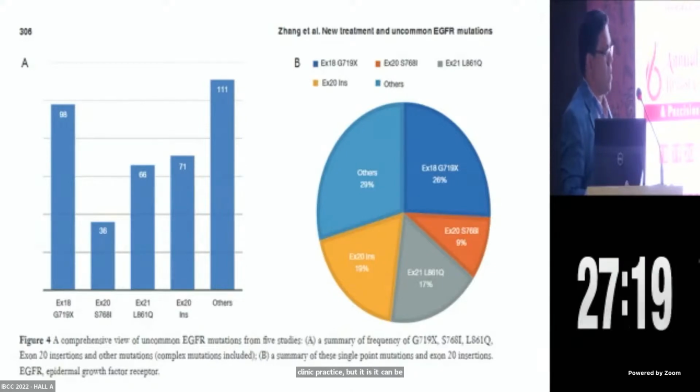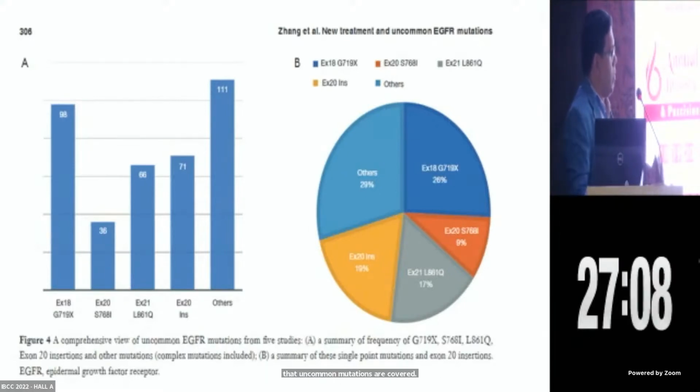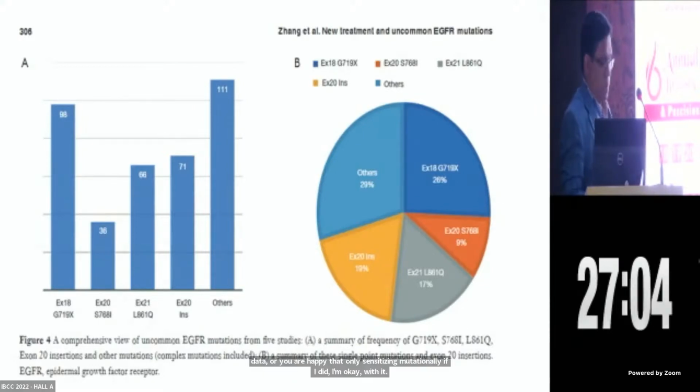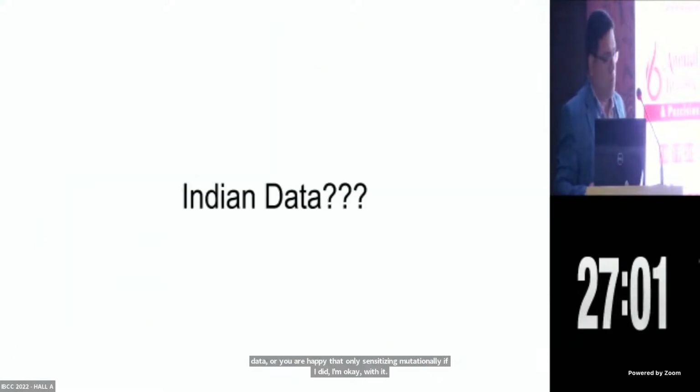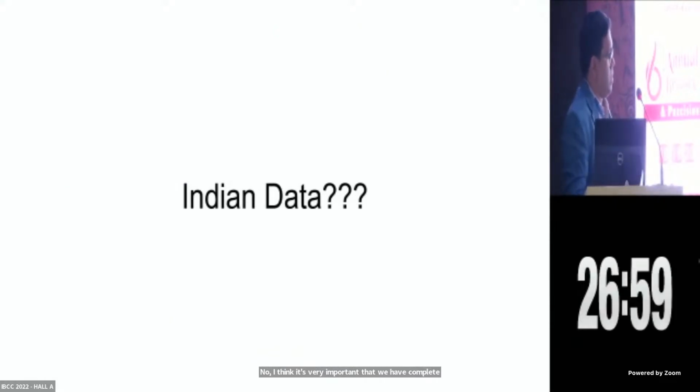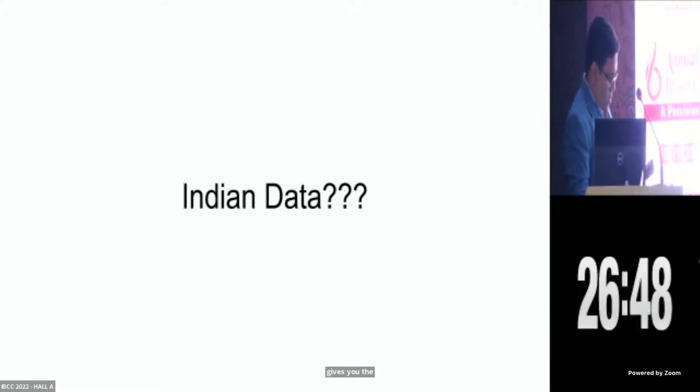Okay. Ashish, do you see that whenever you order an NGS, uncommon mutations are covered? Do you think it is relevant to cover them in today's era, or are you happy that if I get only the sensitizing mutation, I'm okay with it? No, I think it's very important that we have a complete encyclopedia of the individual cancer, because number one, there could be an emerging new drug in the pipeline, which maybe currently the patient may not afford, and it also gives you the prognostication as to how the patient is going to behave.